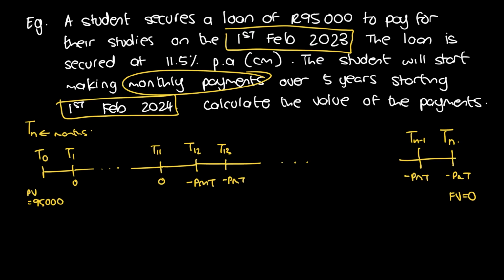And it says here over 5 years. So for the payments, 5 years takes place. So that's 60 months. So if we go from here all the way to there, that's going to be 60 months. And I'm leaving it in a very pale color at the moment, just so you can see it, but it's not attacking you with information right now.